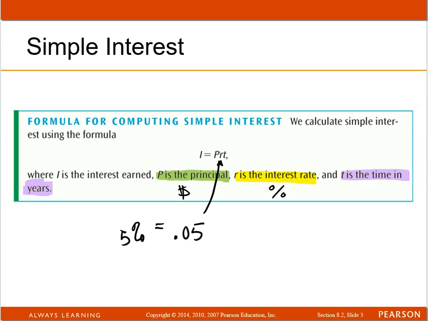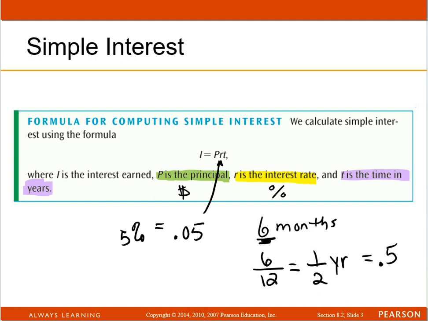So if they give you a loan that's for 6 months, don't use the number 6. There are 6 months out of 12 months in a year, and that reduces down to 1/2 of a year, which, since we're going to be using our calculators, would just be 0.5. 1/2 is 0.5. So just be aware that time has to always be in years.